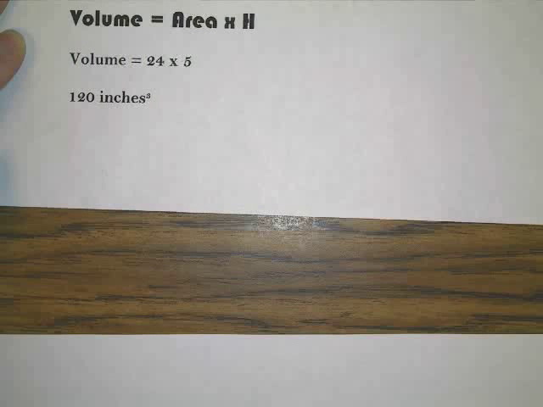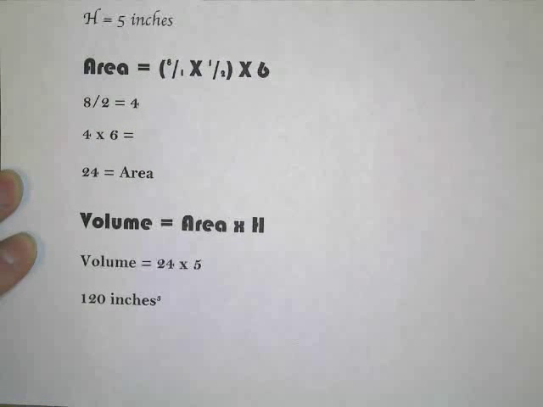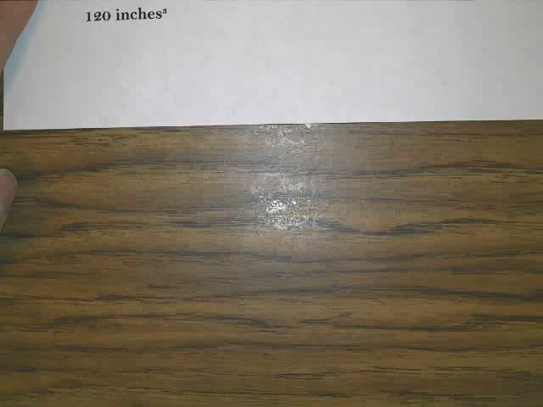What was our area? And our height is 5. So 24 times 5, and we get 120 inches cubed. Remember, volume is always cubed. Cube is 3, right? As a 3, yes. Okay.